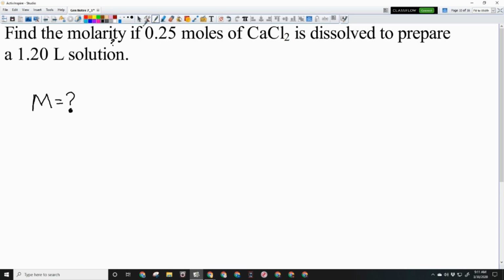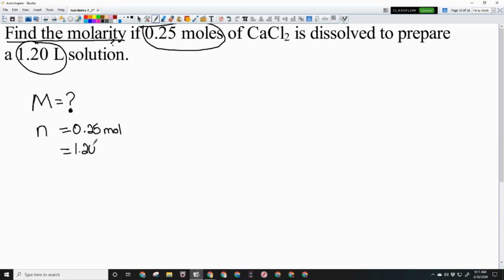If 0.25 moles of CaCl is dissolved to prepare a 1.2 liter solution, find the molarity. So molarity is my question mark. 0.25 moles, that's my n, the number of moles. And 1.20 liters, that's my volume.